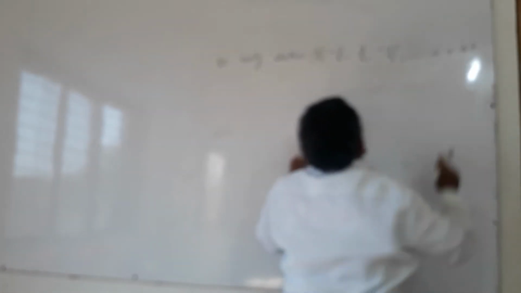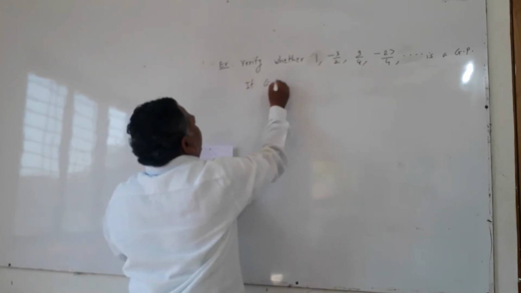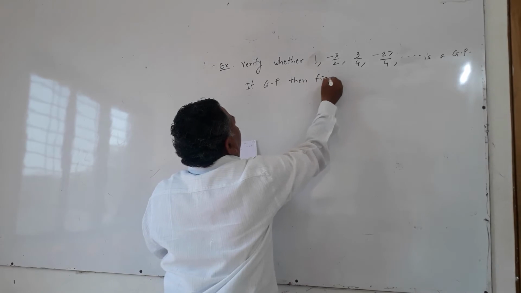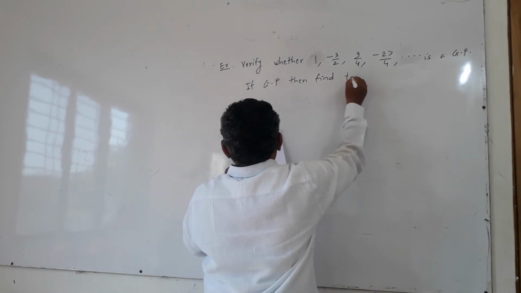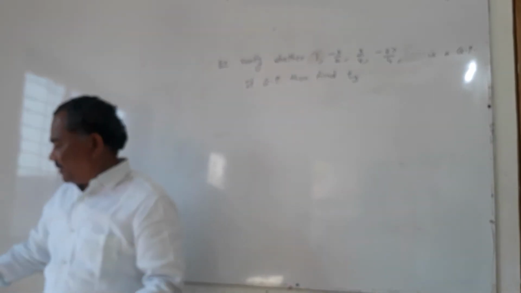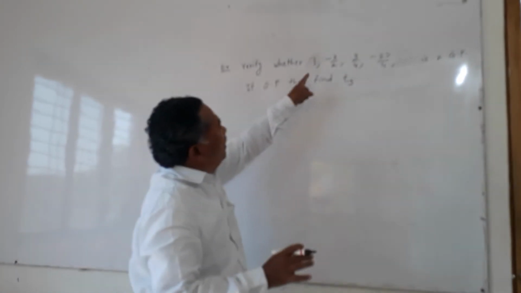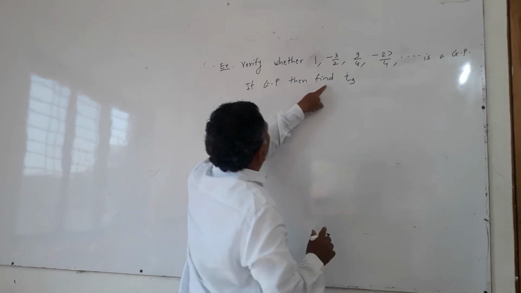Remember, we have to show here that it is a GP. If it is a GP, then find T9. Remember, this is our example. This example we have to evaluate. First, verify whether this is a GP or not. If it is a GP, then find T9.